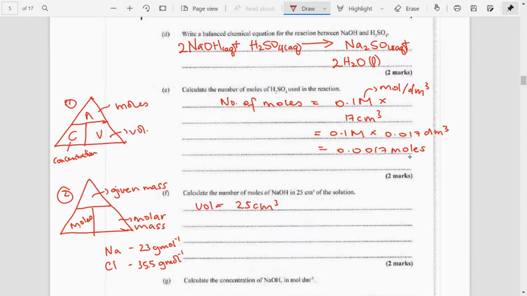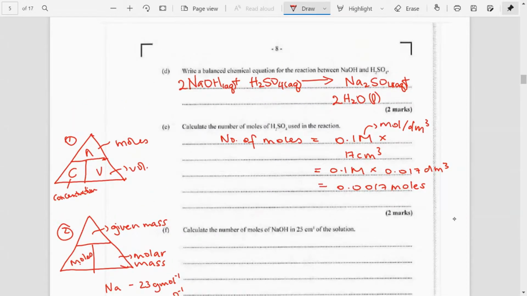We don't have concentration. We're not given a mass, and we can find a molar mass, but if we're not given a mass, how can we find moles? Now, what you do is you refer to your balanced equation. And this goes back to using what you do have to find what you don't have. You do have moles, but that's for sulfuric acid. How can we relate the number of moles of sulfuric acid to the number of moles of sodium hydroxide?